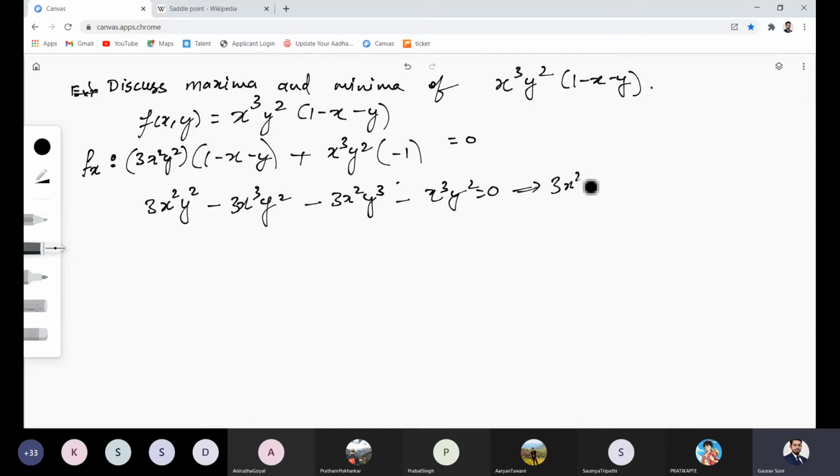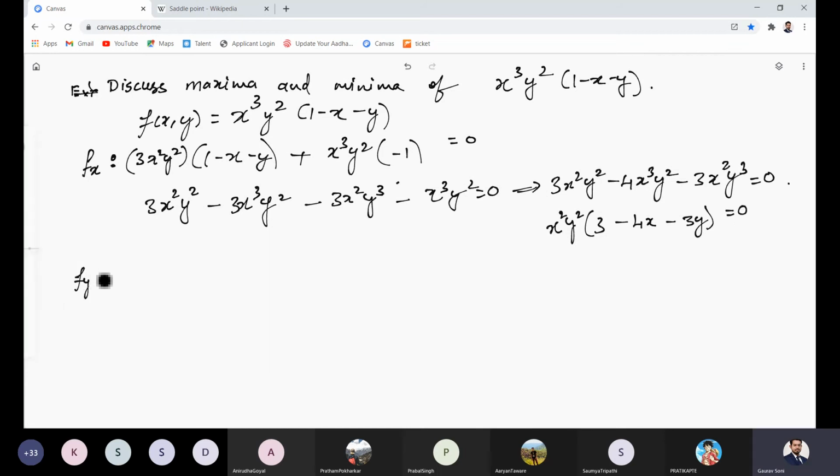So 3x square y square minus 4x cube y square minus 3x square y cube equal to 0. Again I can take x square y square common here, and in the bracket 3 minus 4x minus 3y equal to 0.